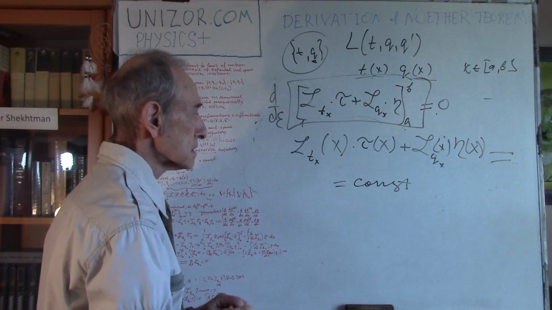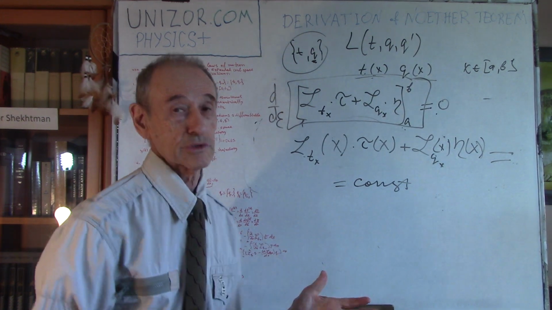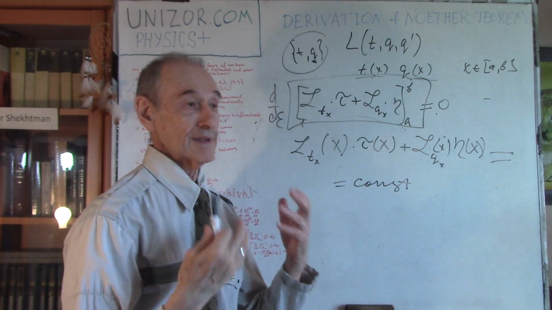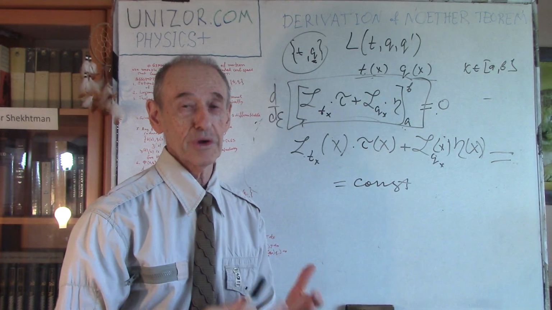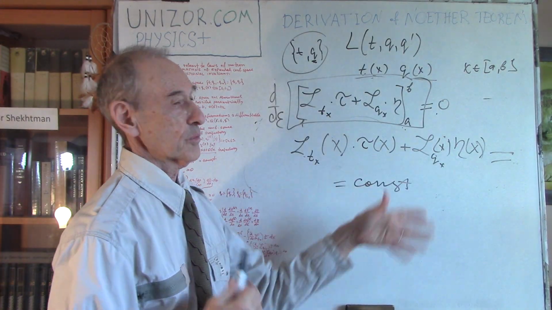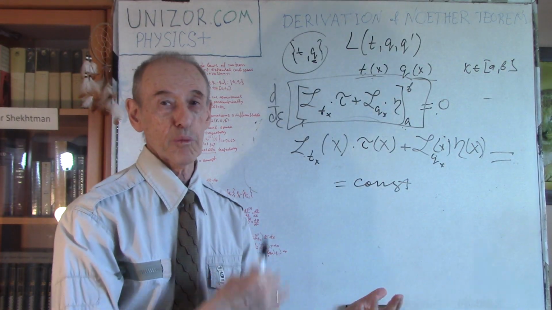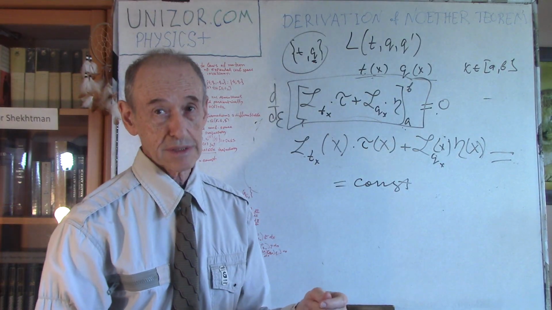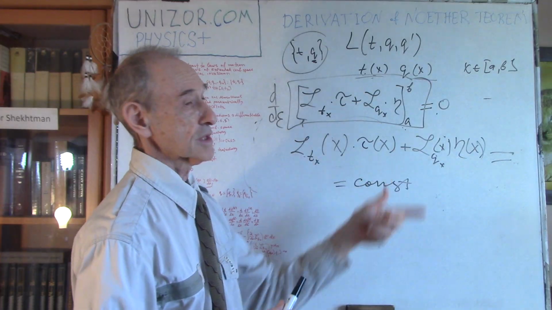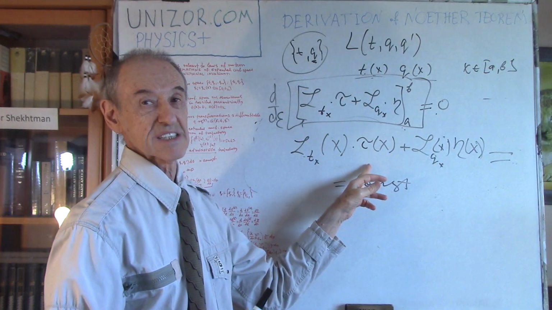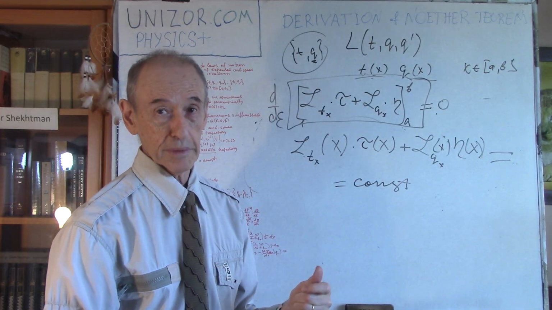So this is basically the Noether's theorem, that this is constant. This is a law of conservation. In certain cases, whenever we are changing coordinates in some way or another, you will see that from this, and that would be in the next lecture, you will see that from this follows energy conservation. If we will talk about T symmetry, we will have momentum conservation.